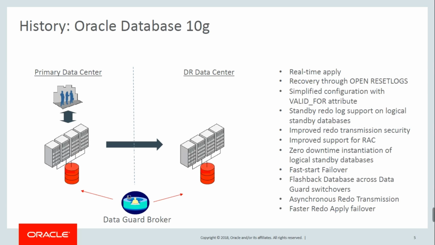It comes with many interesting new features for Active Data Guard and Data Guard, like real-time apply, recovery through open resetlogs, simplified configuration with the VALID_FOR attribute, standby redo log support on logical standby databases, improved redo transmission security, improved support for RAC, zero downtime instantiation of logical standby databases, fast-start failover, Flashback Database across Data Guard switchovers, asynchronous redo transmission, and faster redo apply and failover.